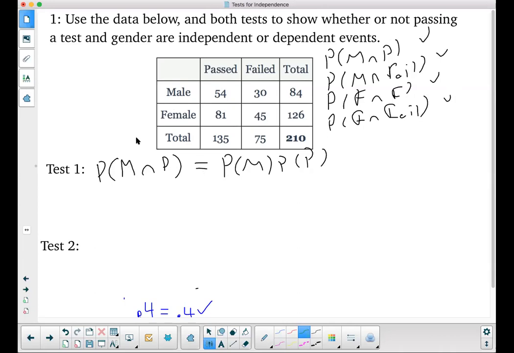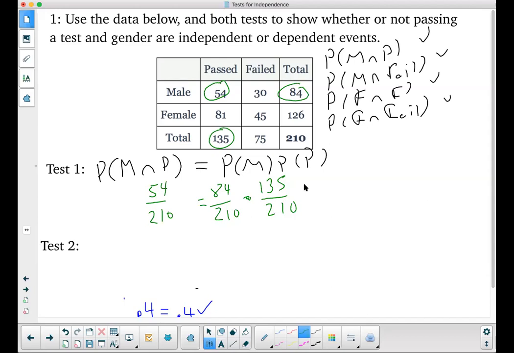So the probability of being a male and passing is 54 over 210. The probability of just being a male in this situation is 84 over 210. And the probability of just somebody that passed is 135 over 210.